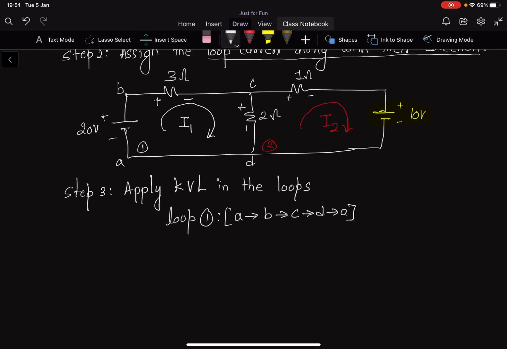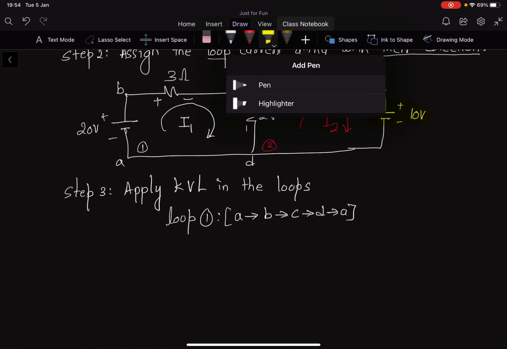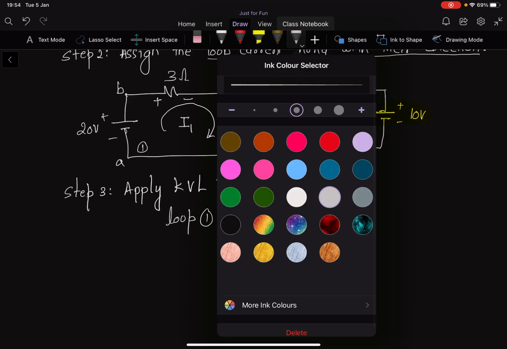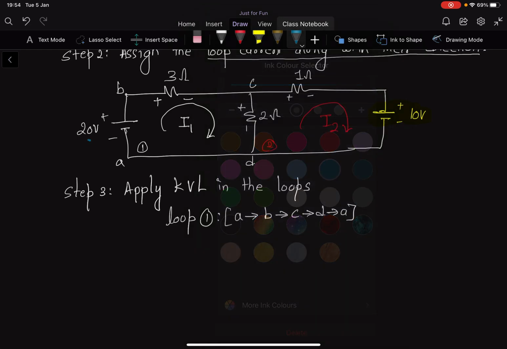So when I go from A towards B, I see this value here. Let me use another pen just to highlight in blue color. So when I see this 20 volt, I'm going to use this 20 volt, and once I use 20 volt, I need to represent what value.